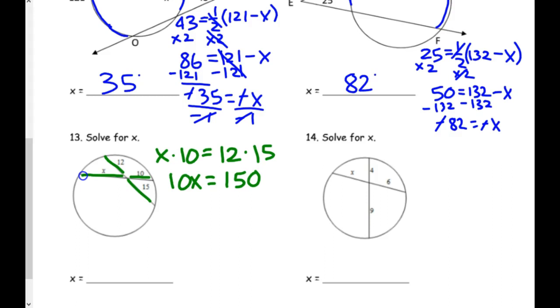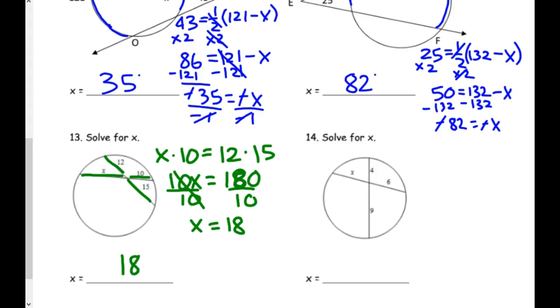Nope, 180. Don't want to steer you wrong. And then to get rid of that 10, we divide by 10, divide by 10, x equals 18. It's not degrees, it's just 18.